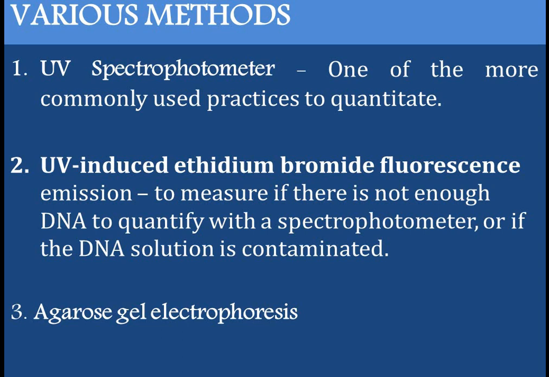This will help to measure if there is not enough DNA to quantify with a spectrophotometer, or if the DNA solution is contaminated. And the last one, agarose gel electrophoresis. The second and third methods are both time consuming when compared to UV spectrophotometer.